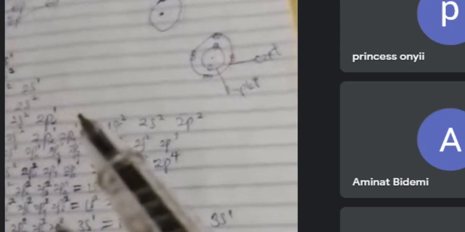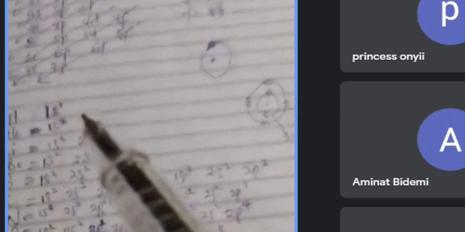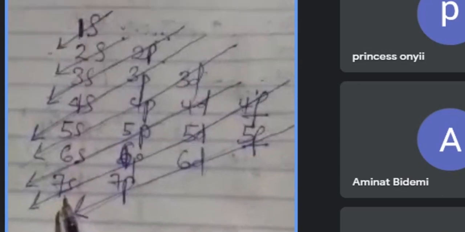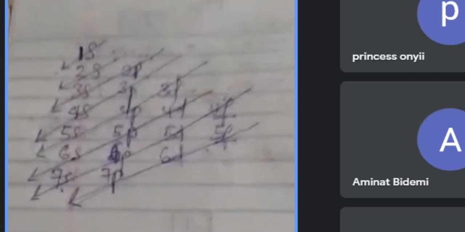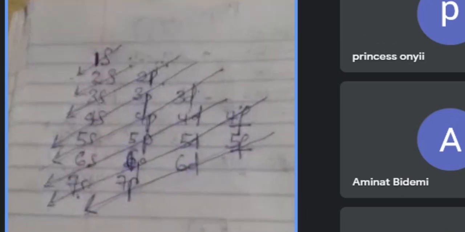We have 7 periods and 18 groups in the periodic table. So you will not see anything more than 7. Any element that has 7p something or 7s something will surely be in period 7 of the periodic table.